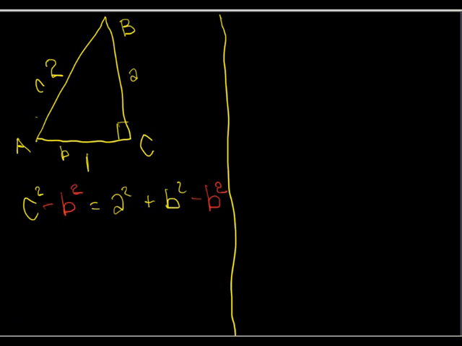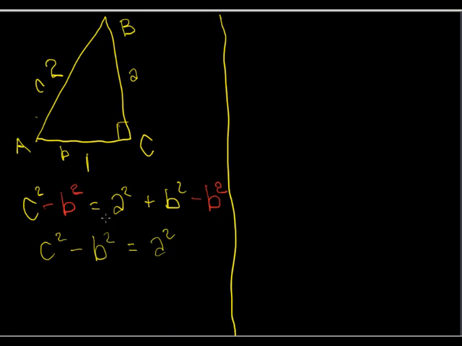So going back to the yellow pen, we'll collect our thoughts here. C squared minus B squared equals A squared.